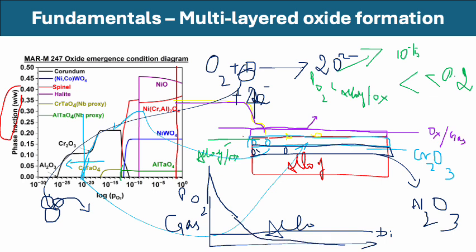Because if you are far into the alloy, if you have a big block of alloy far interior, which might be hundreds of microns inside the material, it does not know that there is a surface outside and it is exposed to a gas. It does not know anything. So there is extremely low oxygen partial pressure there.